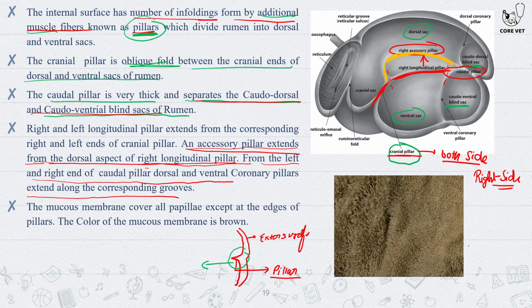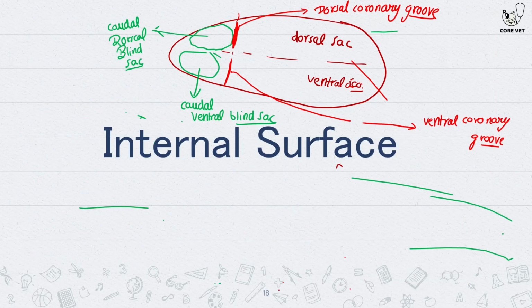Now a similar concept applies on the left side. Same on the left side, there would be a left cranial pillar. Okay, and from the left cranial pillar what will be extending? The left longitudinal pillar, and above the left longitudinal pillar, what will be there? A left accessory pillar. Let me clear it with the left aspect.